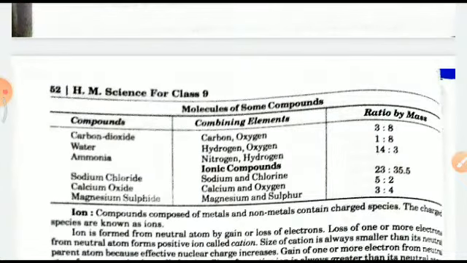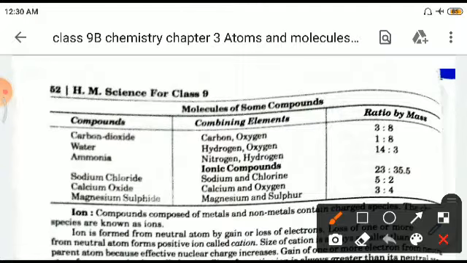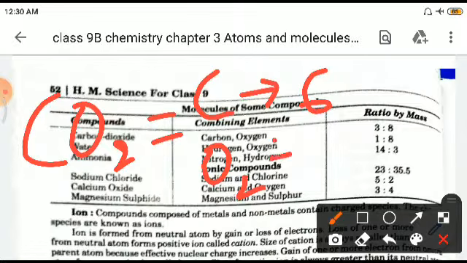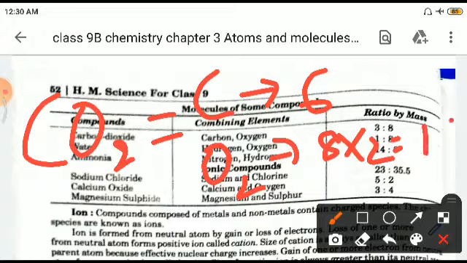Carbon dioxide, in which carbon and oxygen are in the ratio 3:8. Now, how is this 3:8, children? Right? Because it is CO2, right? So C is how much? 6. And O2 is 8 into 2, which is equal to 16.